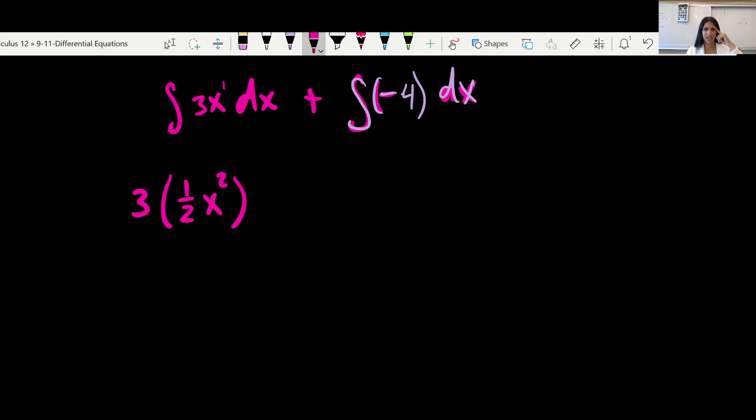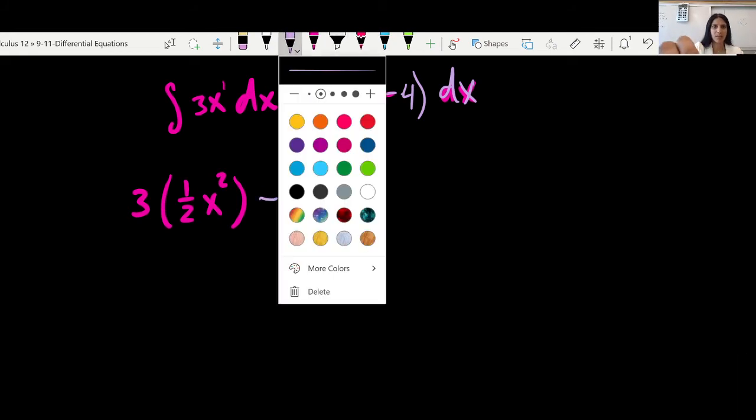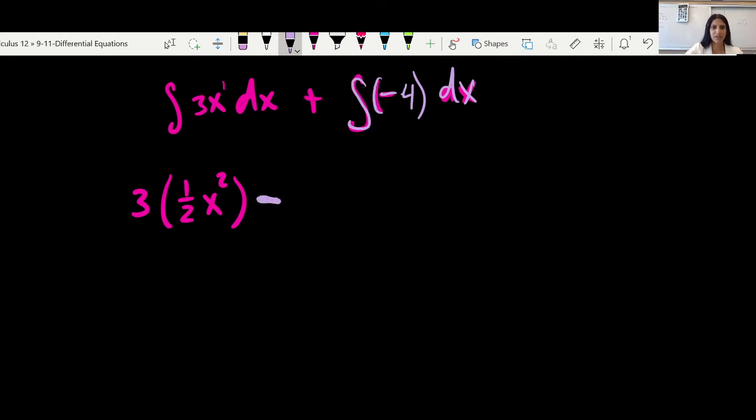So I hope by now you're getting the idea of how I'm coming up with that. And then I would have plus minus 4. Do you see that I can just make this minus? Maybe I should do it in purple to keep it consistent, but basically I can pull the minus out front, and then for the antiderivative of the 4, I could rewrite this as x to the 0.